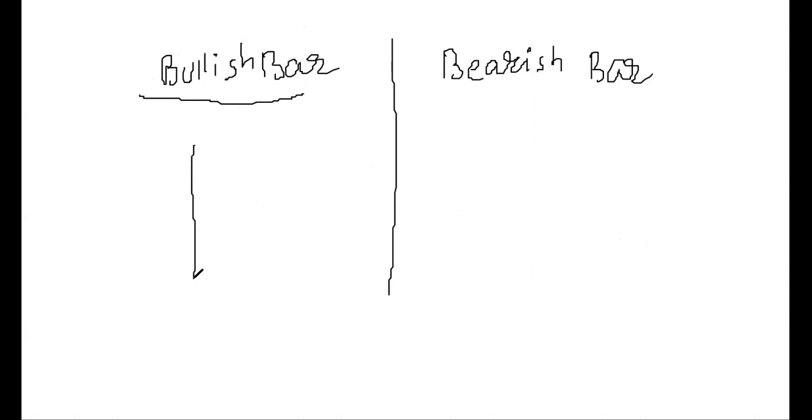So here is one vertical line for you, with a bar on the left side and a bar on the right side. Now you need to remember that left represents opening price and right represents closing price. And these two extreme points, that is the bottom and this top, will give you information about day high and day low. Now, as you can see in this bar, opening is less than closing.